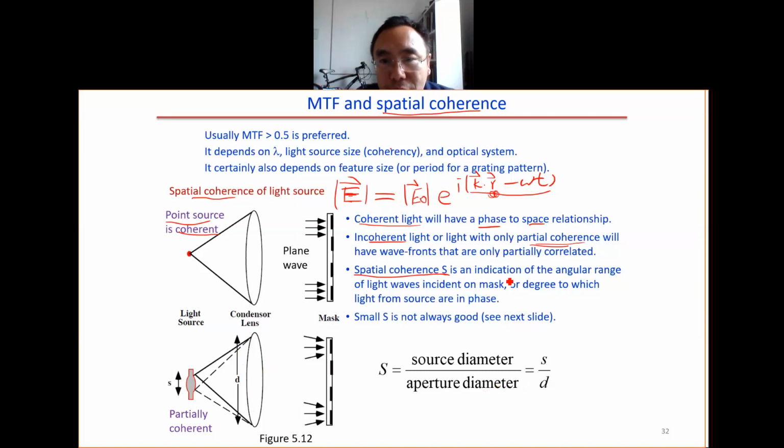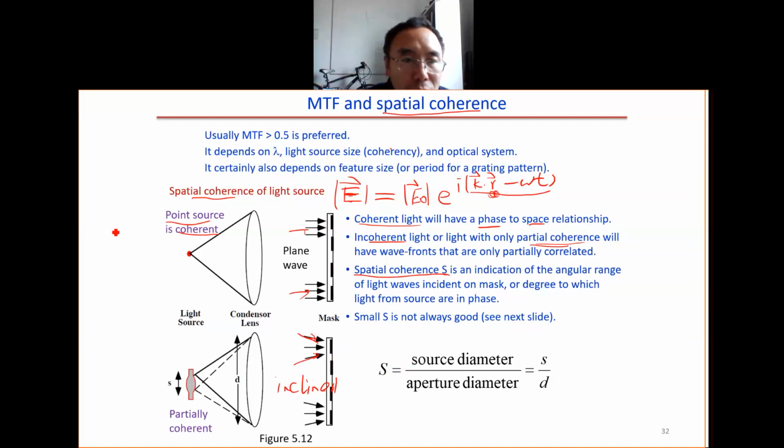It is an indication of the angular range of the light wave incident on the mask. You can see here everything is normal to the mask. For this case, we have light that has inclined incidence on the mask. A small s is not always good.